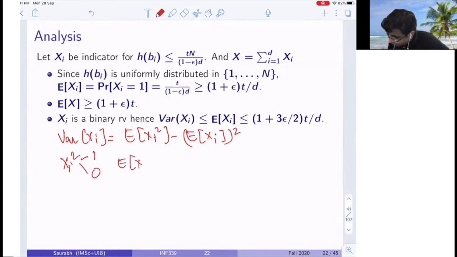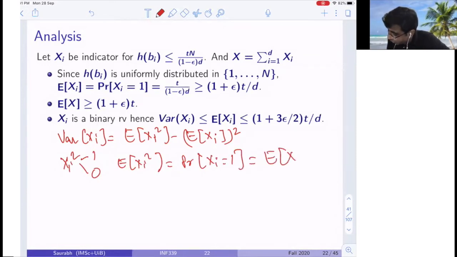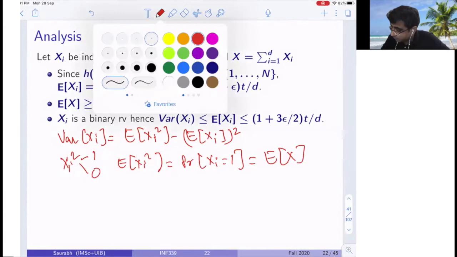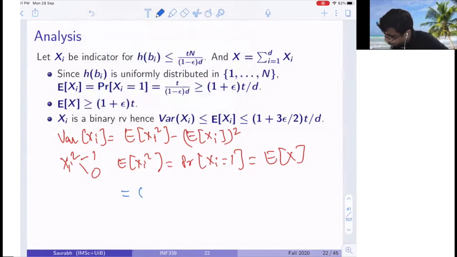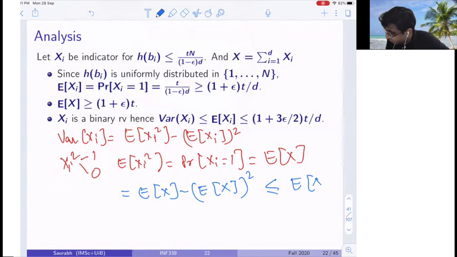The expectation of xi squared is the same as the probability xi equals 1, which is the same as the expectation of xi. So the variance of xi is the expectation of xi minus the expectation of xi whole squared, which is less than or equal to the expectation of xi.